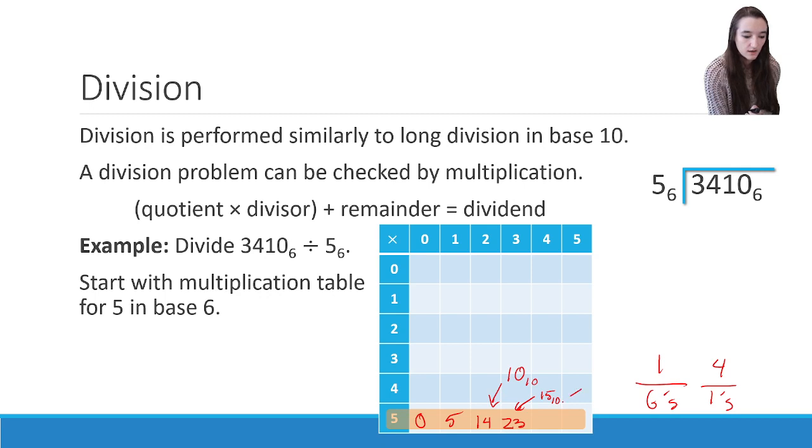Then next we have 20. So what is 20 in base 6? Well, it's 3 sixes to get to 18, and then 2 more to get to 20. Then here's 5 times 5 is 25 in base 10. So how many 6s? That's 4 sixes to get to 24, and then 1 left over.